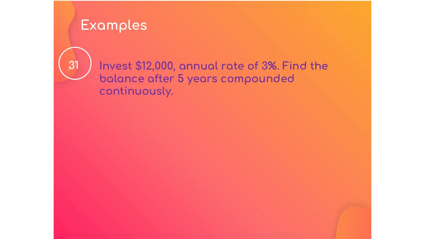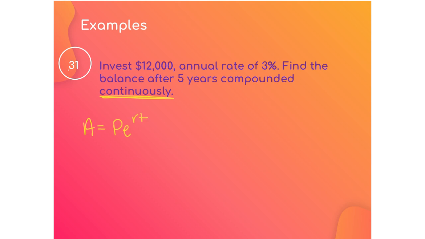All right, and I'll write that out for this question. It says, invest $12,000 at an annual rate of 3%. Find the balance after 5 years compounded continuously. That is the key word here. Continuously means I'm using PERT. P-E to the power R-T.